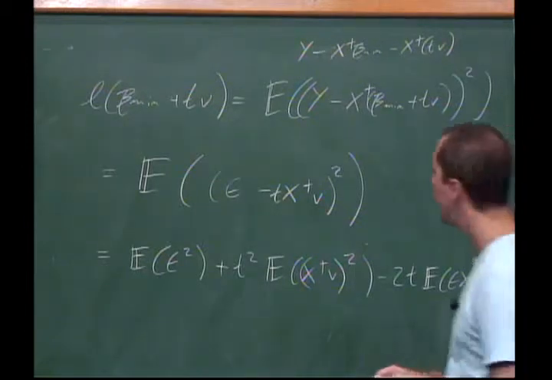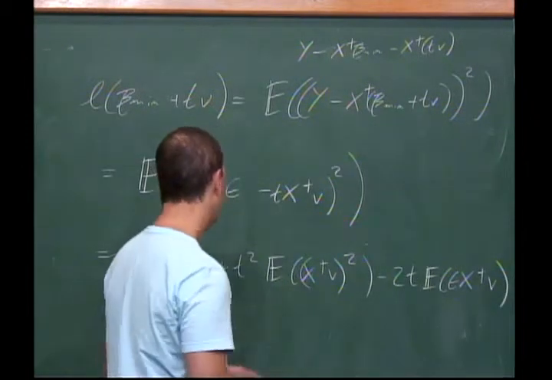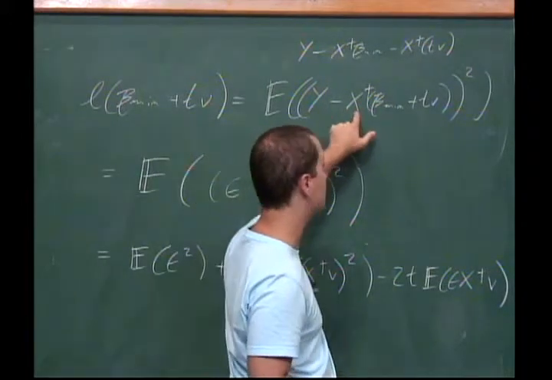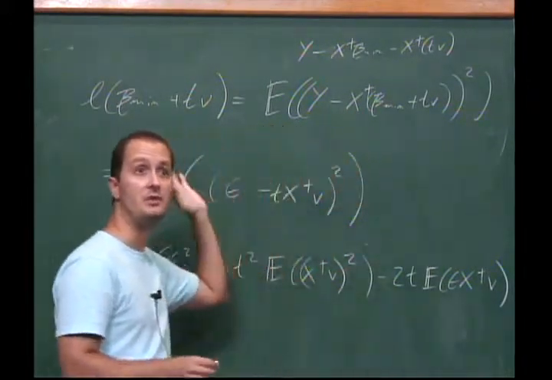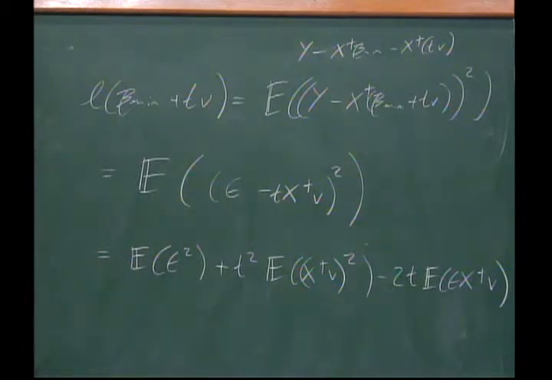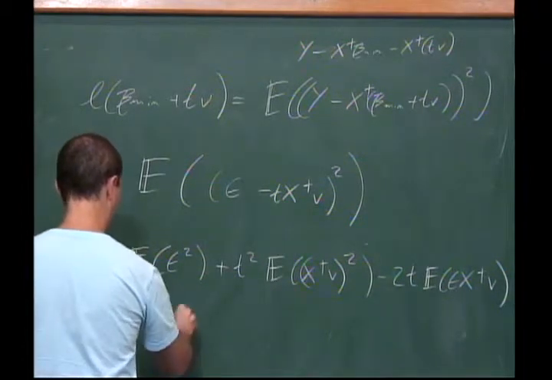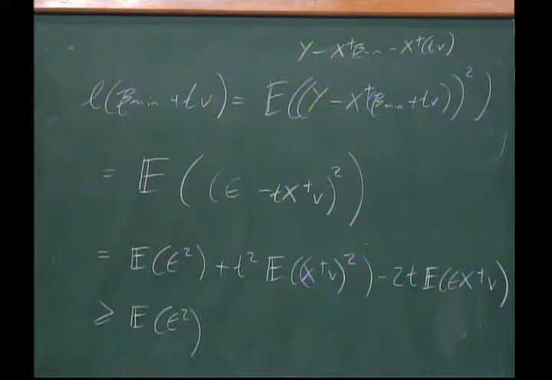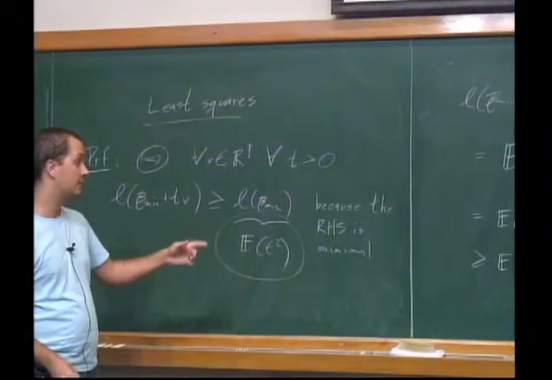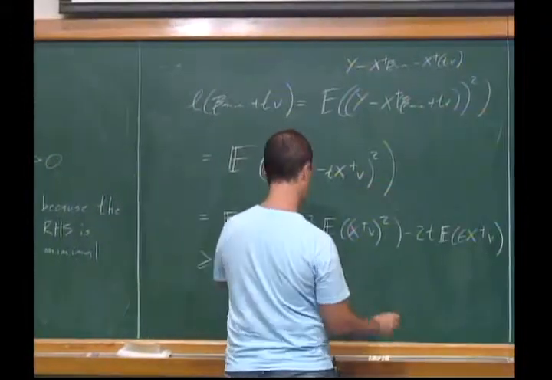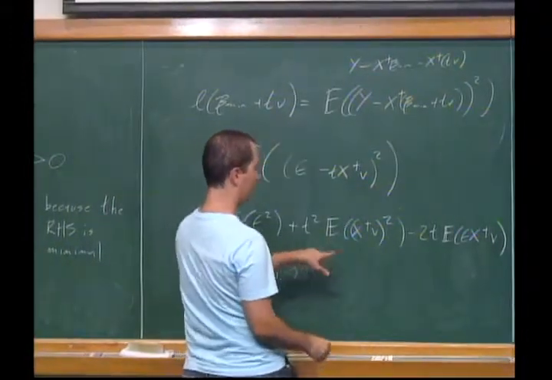Here I'm using implicitly all the time the fact that y is square integrable and x is square integrable, so all the expectations are well defined. If you want, you can check this. And as we said, all of this is greater than the expectation of epsilon squared, which is just this thing here.